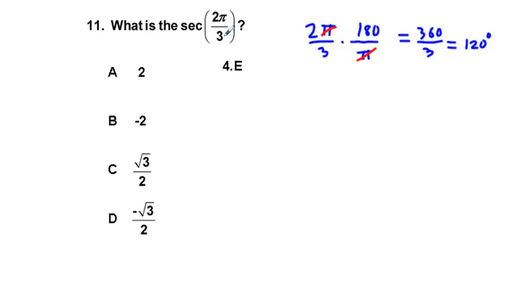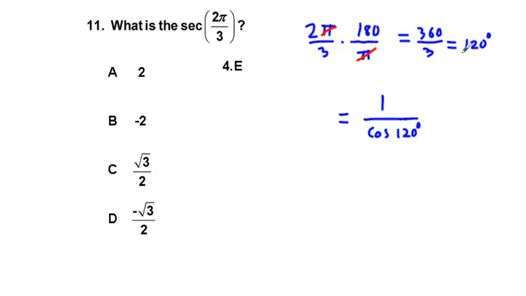Now, in a TI-84 CE calculator, we can find the secant, but if you don't, our answer could be the reciprocal of the cosine of 120 degrees.